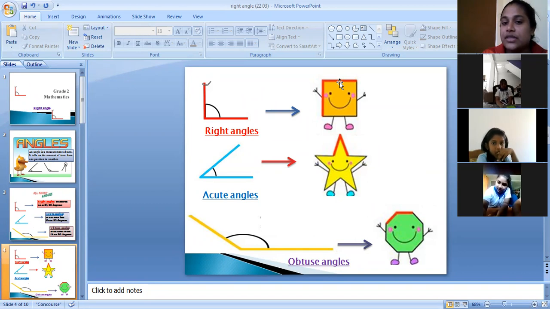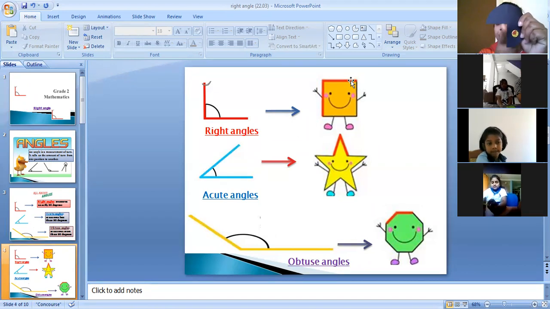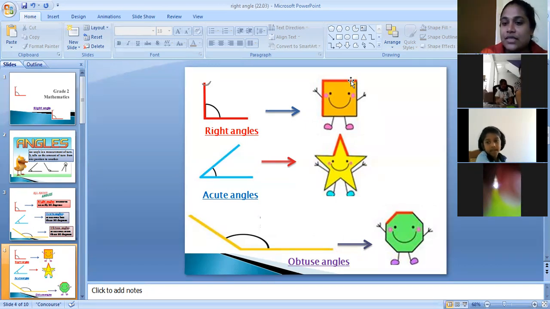When you go through this angle, can you see there is a right angle in this corner? It looks like letter L, upside down. This kind of corner is there in this angle. For this angle we say 90 degrees, a right angle.